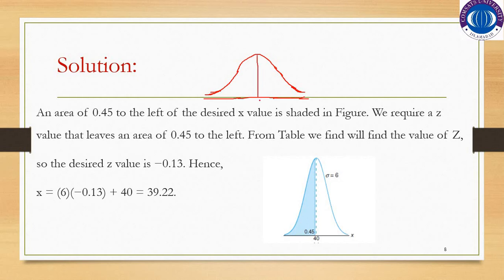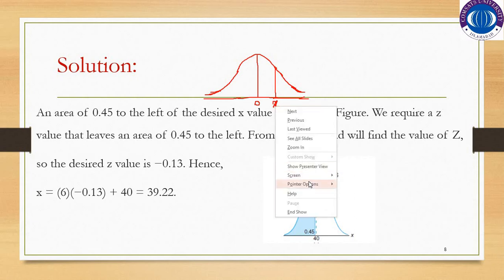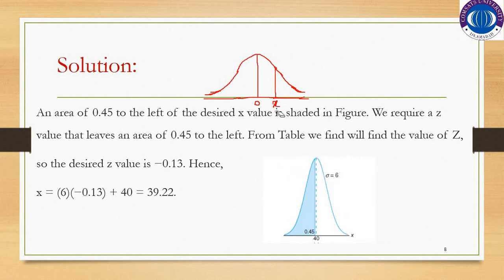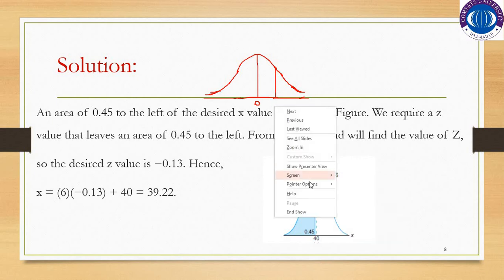this one is the mean, which is 0, and as we know, total this area is 0.5, and we have to find out the value of x from where the 45% is to the left. So if we say that that particular value x is here, let us consider it should be z, as we are using the standard normal distribution curve.